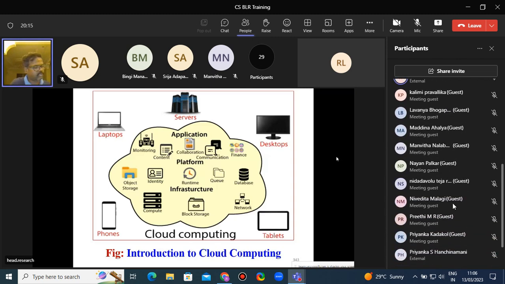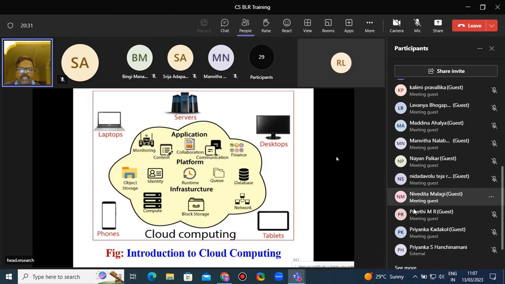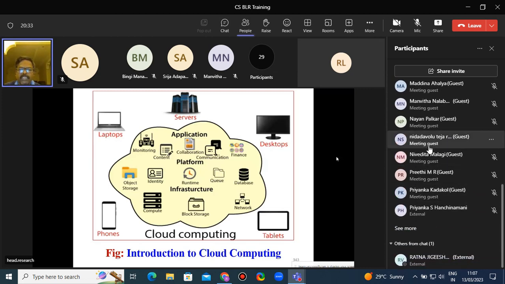Okay, so if you see, application as a service, platform as a service, infrastructure as a service.